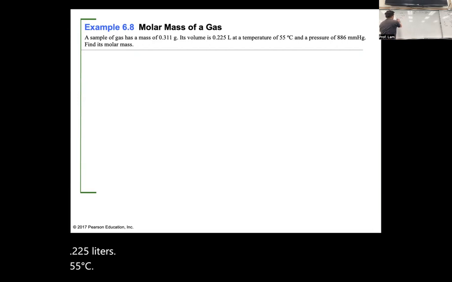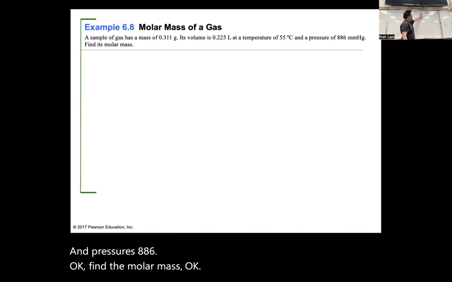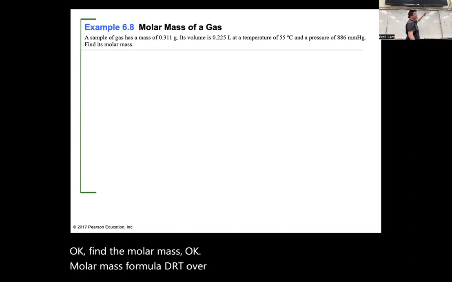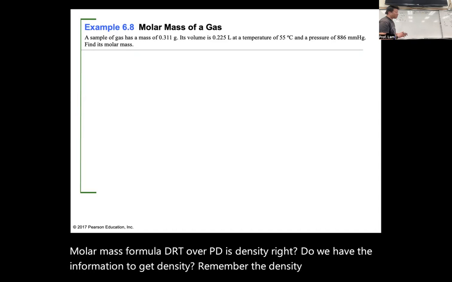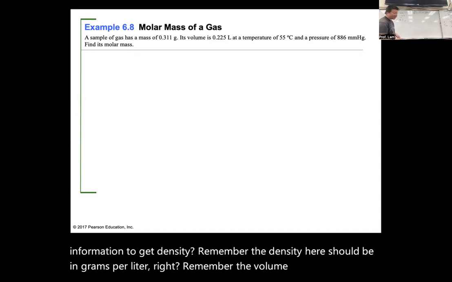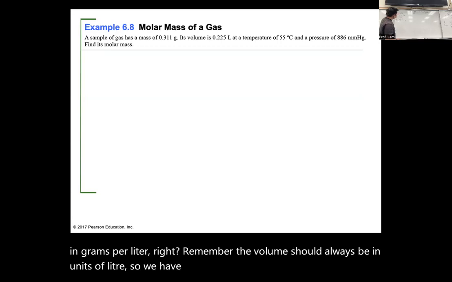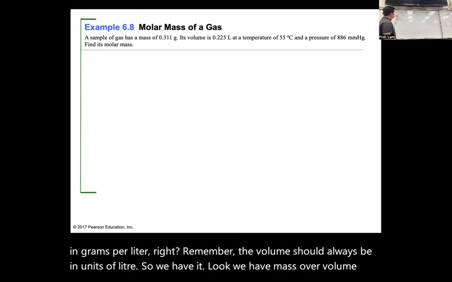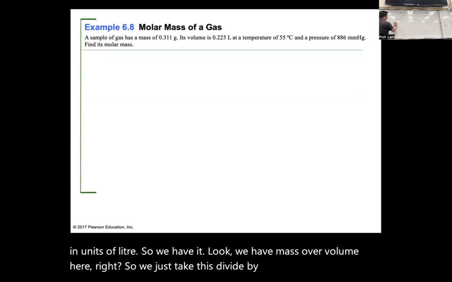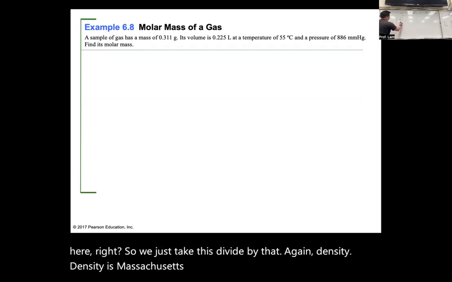And pressure is 886 millimeter mercury. Find the molar mass. Molar mass formula, dRT over P. D is density. Do we have the information to get density? Remember, the density here should be in grams per liter, so the volume should always be in units of liter. We have mass over volume here, so we just take this, divide by that, get density. The density is mass over volume, so 0.311 grams over 0.225 liters. Let's get that value.